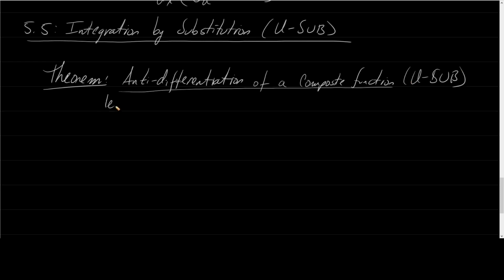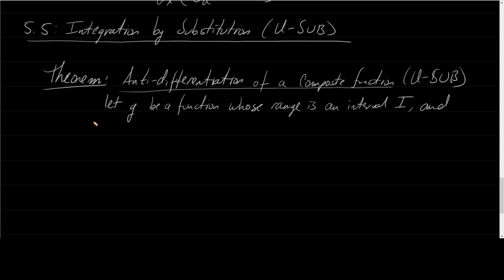So let G be a function whose range is an interval I, and let F be a function that is continuous. I abbreviate continuous as CONT. Continuous on I.